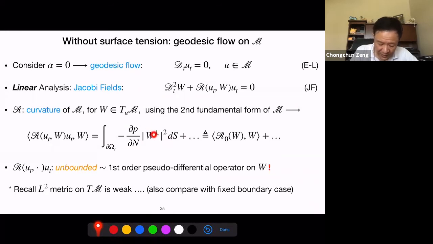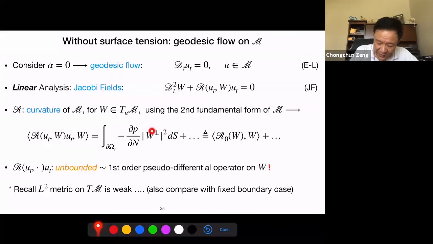And this is not bounded because if you take W, as we are using the L2 metric, if W is in L2, again, this calculation is done in the Eulerian coordinate. We always think of the problem in the Lagrangian coordinate, but the calculation is done in the Eulerian coordinate. If you take W in L2, divergence free, this makes sense, but it's not in L2. So in order for this quantity to make sense, you need the W perp to be in L2, so you actually want W to be in H1/2.